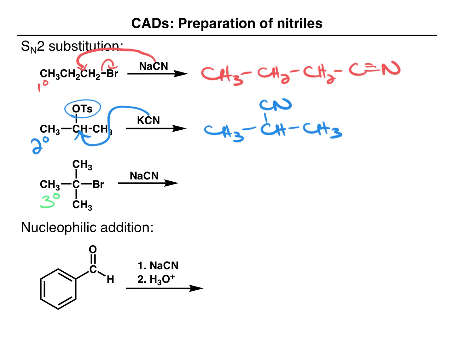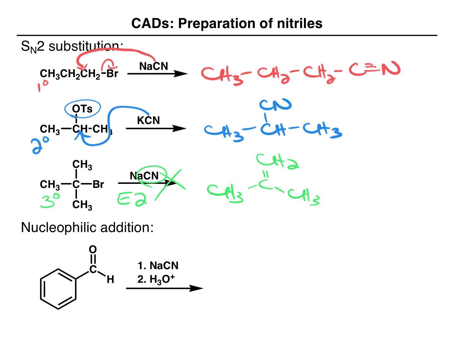However, if we have a tertiary alkyl halide or alkyl tosylate and we try to do substitution, instead, this is going to give us E2 elimination, and very, very little of the substitution product. So because cyanide is a mild enough base, you will get SN2 substitution using methyl, primary or secondary alkyl halides, but you still can't get SN2 substitution with a tertiary.